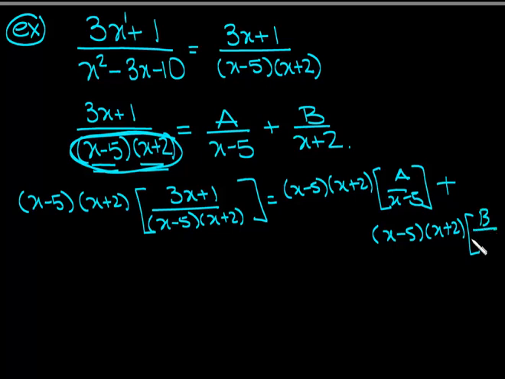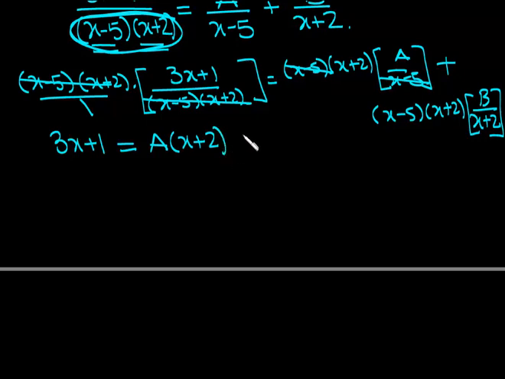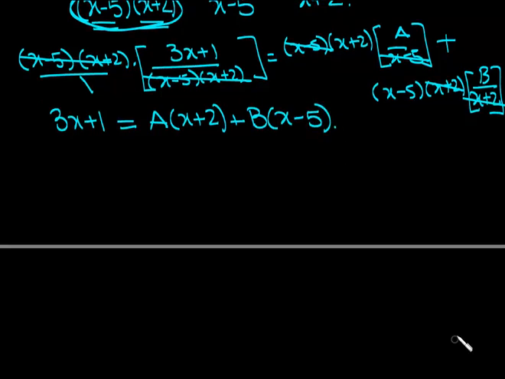And again, I do want to stress that this is the only time I'm going to do this, and all the rest of the examples we'll just do it in our head, just easier than to write all of that. Out here this cancels, because this is over 1, we have multiplication, so we get 3x plus 1. Out here x minus 5's cancel, so we get A times x plus 2. Out here x plus 2's cancel, so we get plus B times x minus 5. Okay, so we got rid of our fractions.